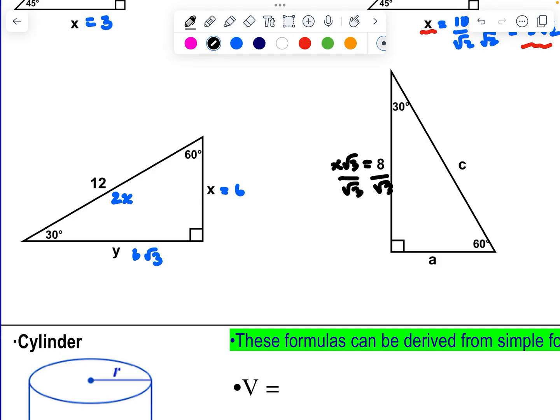So my a value, which is our x, is going to end up equaling 8 over root 3, or when you rationalize it, you end up with 8/3 root 3. And when I double it, all I get is 16 root 3 over 3, because I'm just going to multiply the 8 by 2.